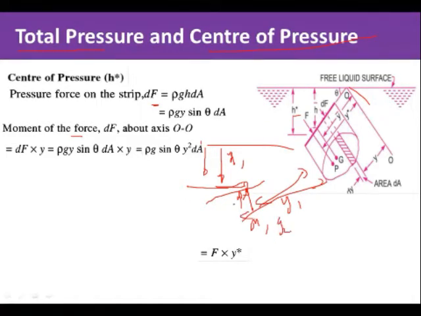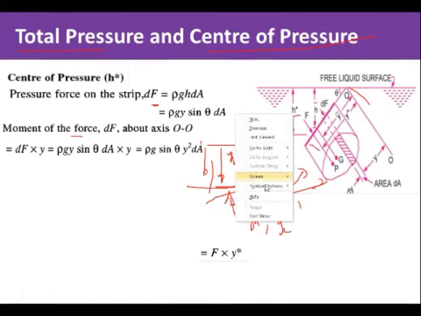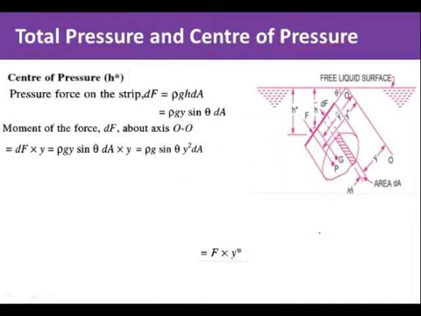So its moment will be rho g sine theta y2 square dA. Similarly, m3 will be at a distance h3 and its distance will be y3. So the moment of force dm3 is rho g sine theta y3 square dA, and so on. That means different moments are acting on different points on the same surface.